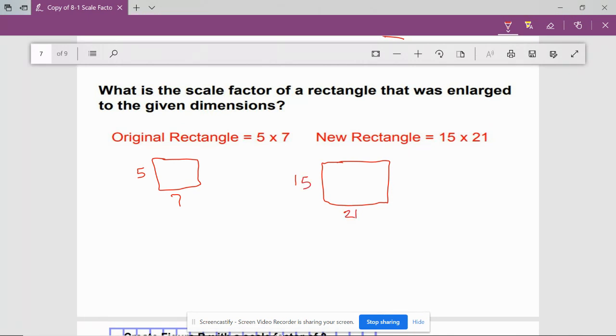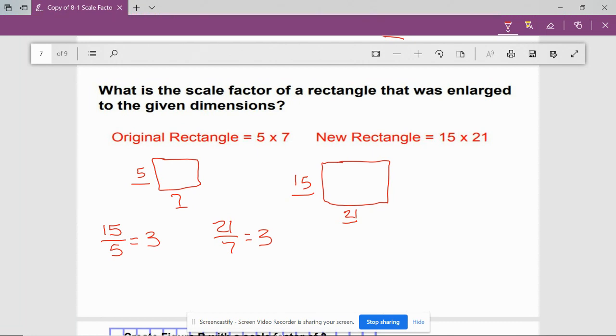Those are our measurements. So we're going to have 15 over 5, and then 21 over 7. 15 divided by 5 is 3, and 21 divided by 7 is 3.